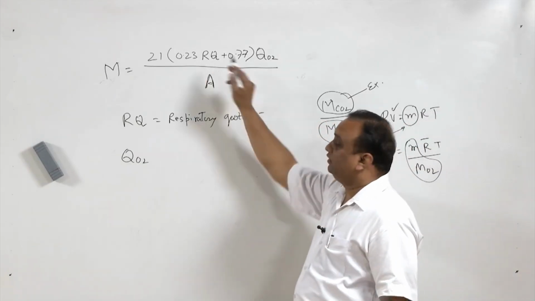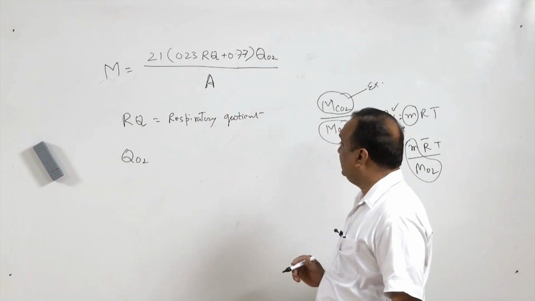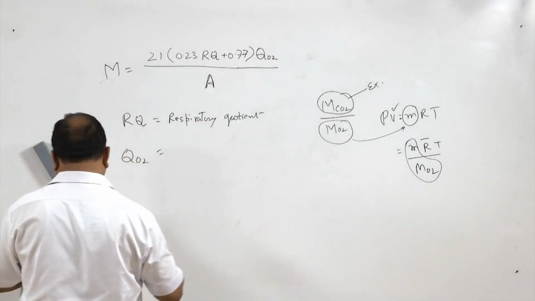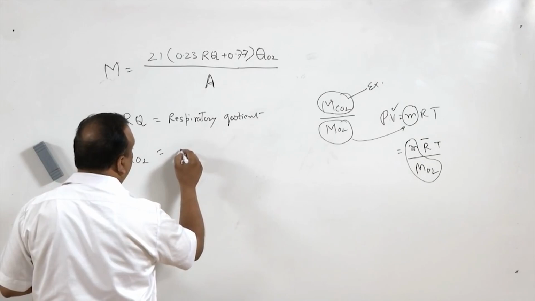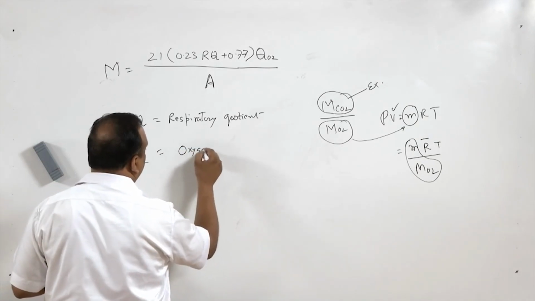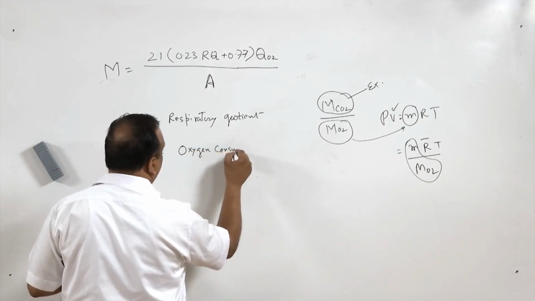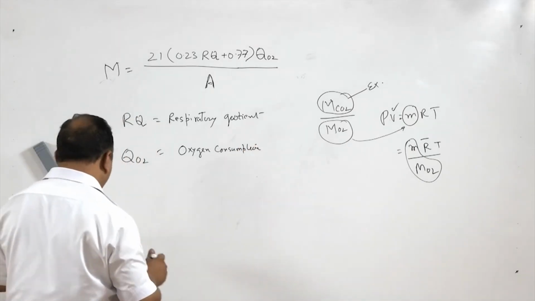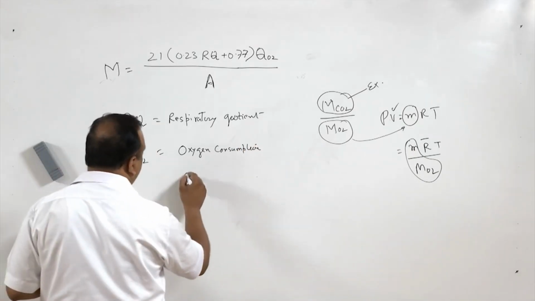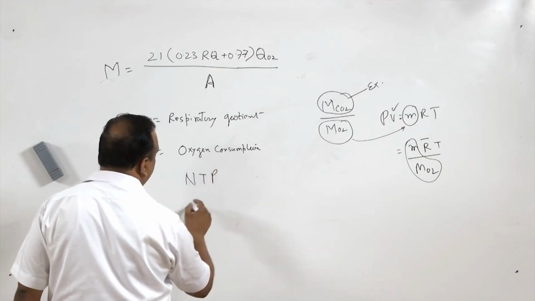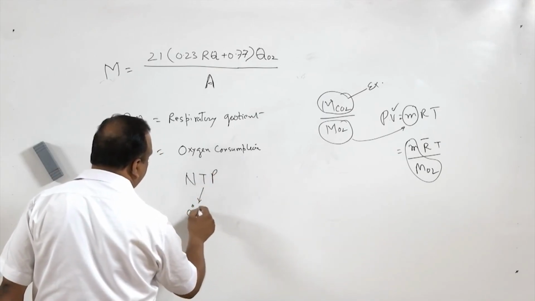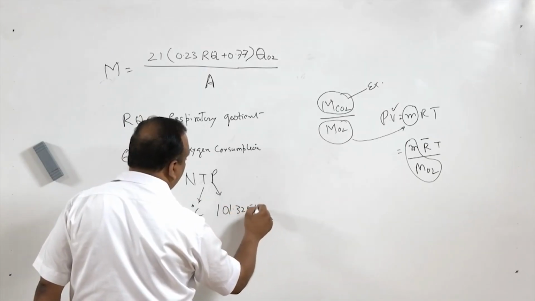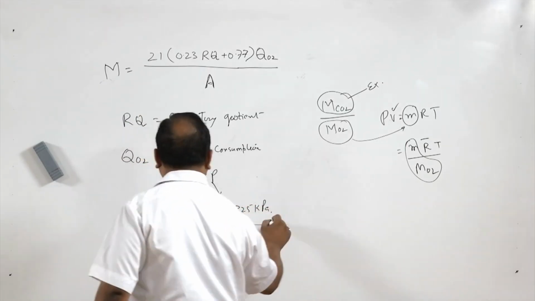you the respiratory quotient, and QO2 is the volume rate of oxygen consumption. If you take volumetric rate of oxygen consumption at normal temperature and pressure, it means 0 degree centigrade temperature and pressure 101.325 kilopascal, right.